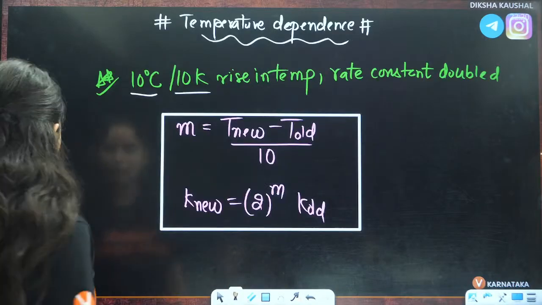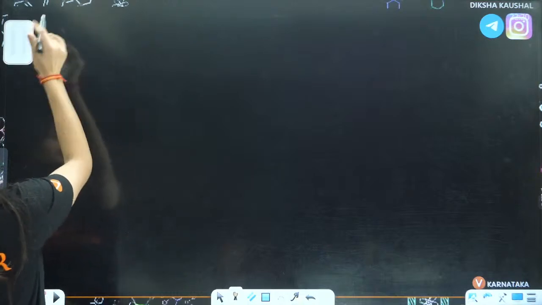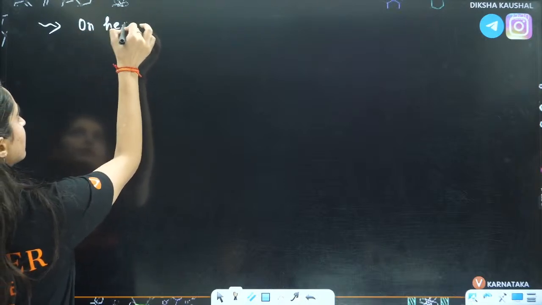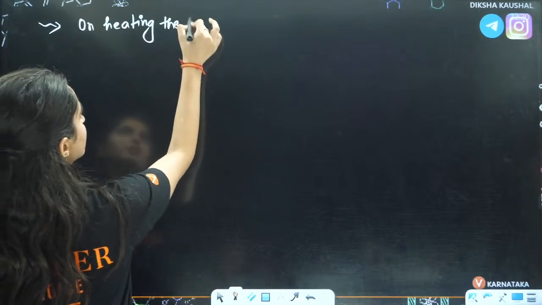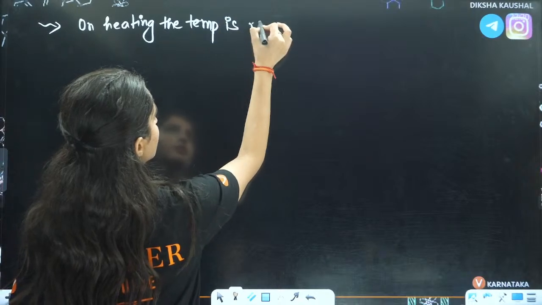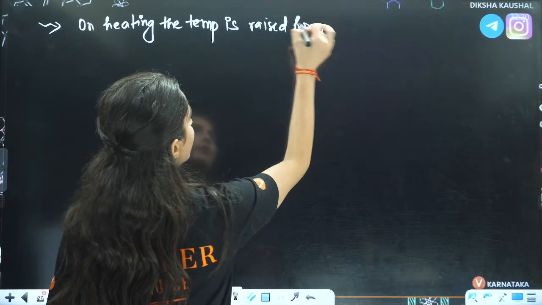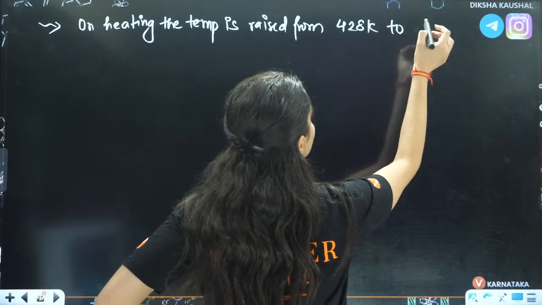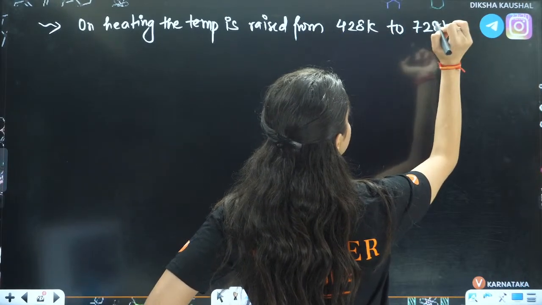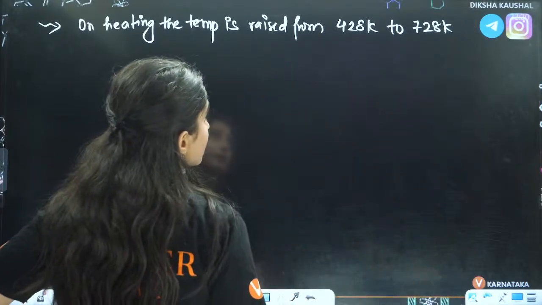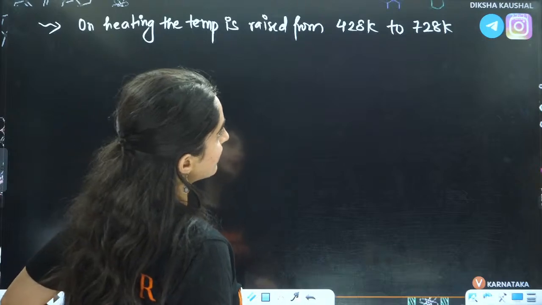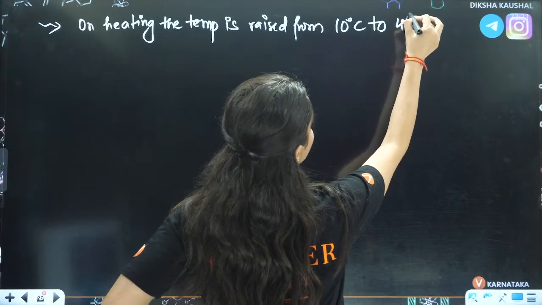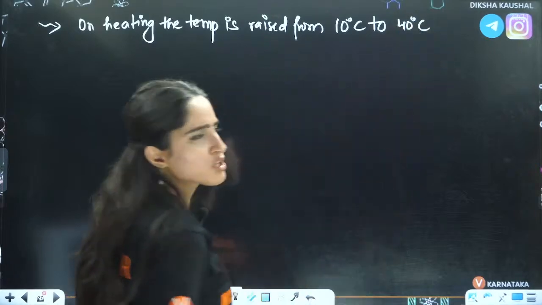Okay. So now students, see, for example, in the question they give you that on heating, the temperature is raised from 10 degrees Celsius to 60 degrees Celsius, because this much temperature variation only they will give you.